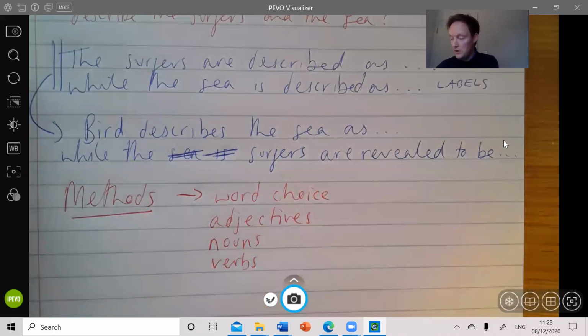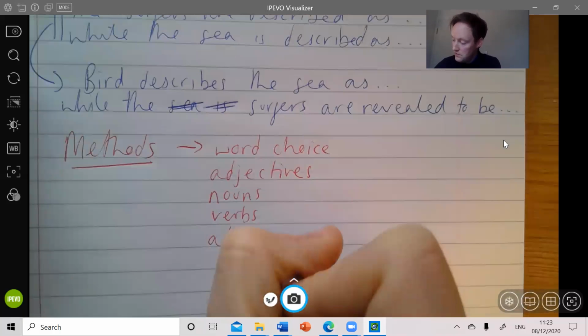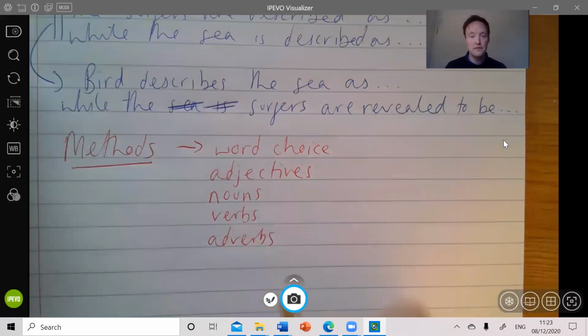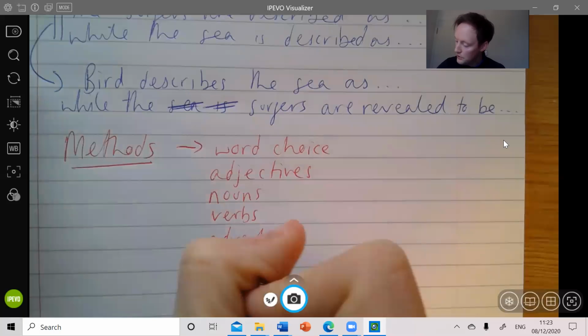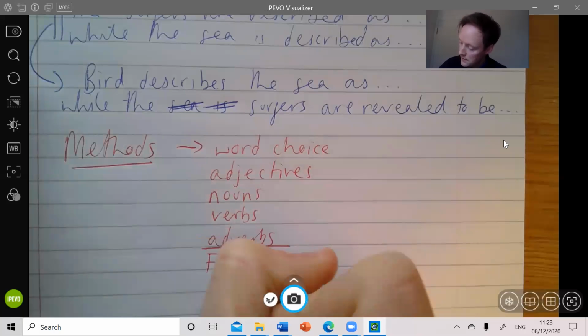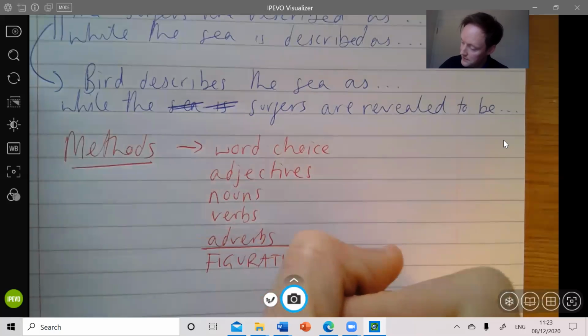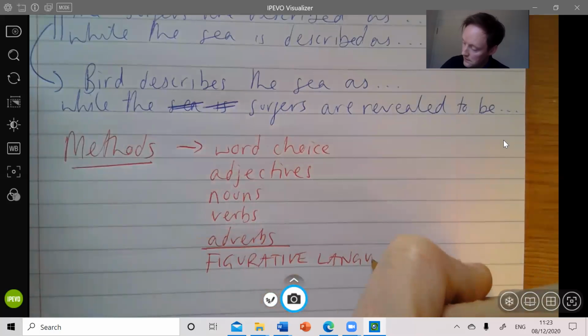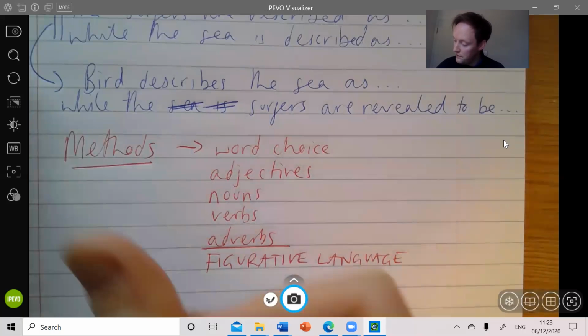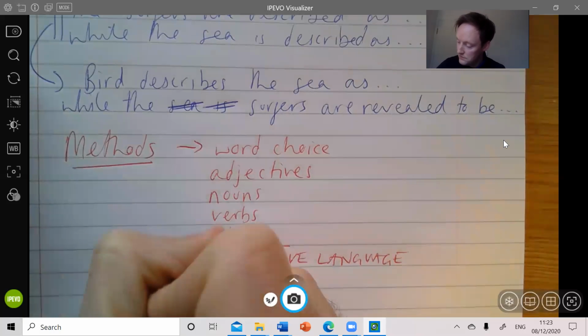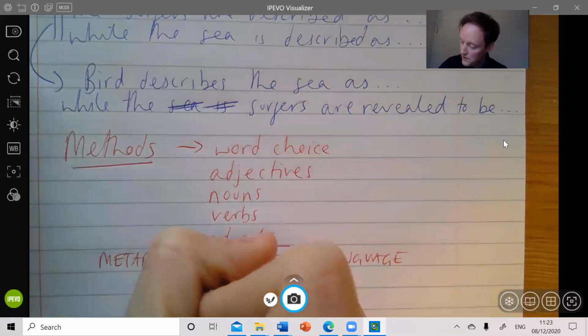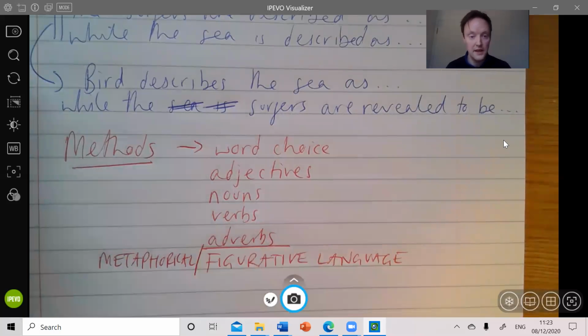It could be verbs, action words. It could be adverbs, words which describe the action. Those are, in many respects, the basics. Beyond that, everything else can be considered to be figurative, or maybe, if we don't like that word very much, no reason not to like it, metaphorical language.